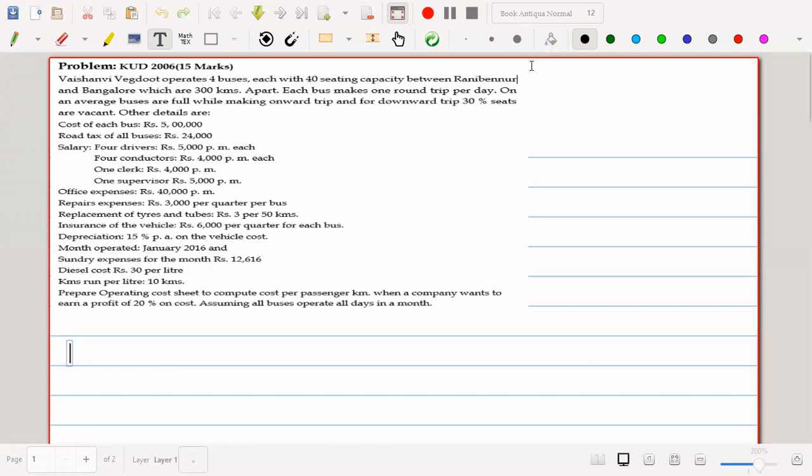So very first point, we have to calculate passenger kilometers.